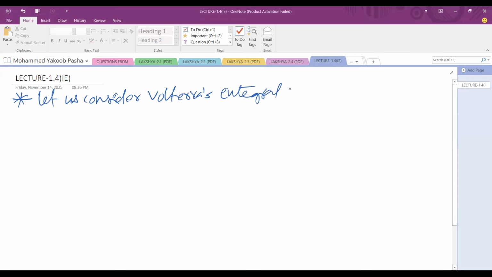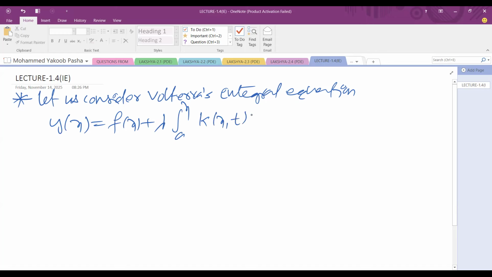When do you say that an integral equation is Volterra? The upper limit must be a variable. y of x is equal to f of x plus lambda into the integral from a to x of k of x comma t into y of t dt.